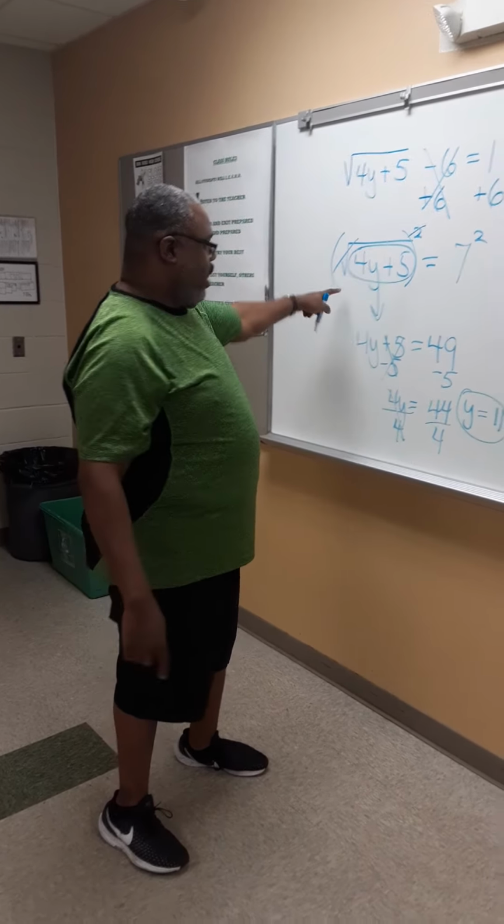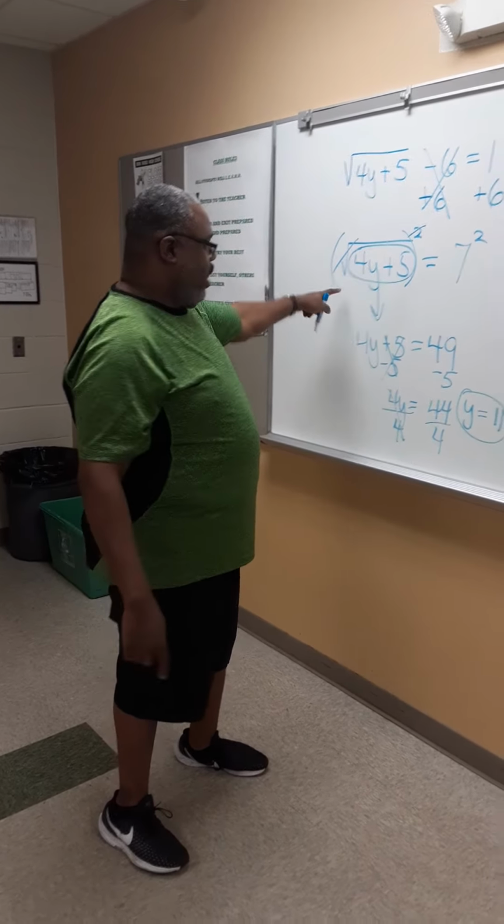So I have the square root of 4 times 11 plus 5, minus 6. Does that equal 1? Okay, so I work out the answer inside the radical first. So I have the square root of 44 plus 5, minus 6. Does that equal 1?